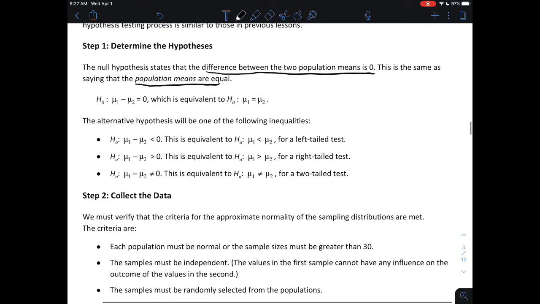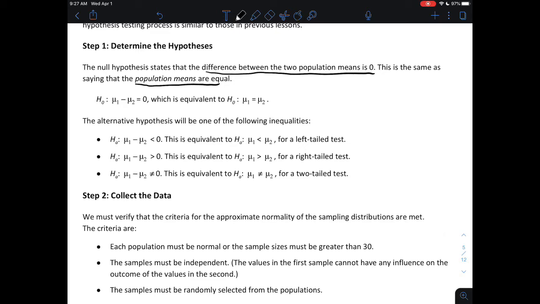The alternative hypothesis will be one of the following inequalities. Just like we've seen before, it's almost the same statement as the null hypothesis, but we're going to have some sort of inequality. So either mu1 minus mu2 is less than 0, which also means the same thing as mu1 less than mu2. That's a left-tailed test. We could have mu1 minus mu2 greater than 0, which means the same thing as mu1 greater than mu2.